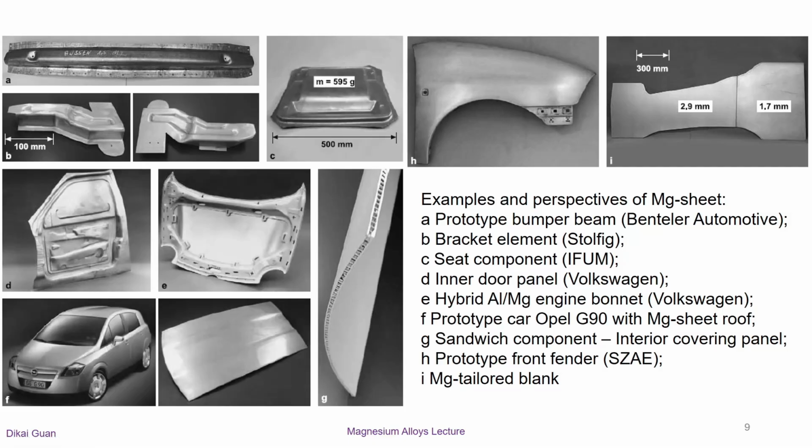The point I'm making here is, although currently magnesium alloys only account for 1% of the total weight of a car, they have huge potential to be used in cars if promising magnesium alloys can be developed in future.